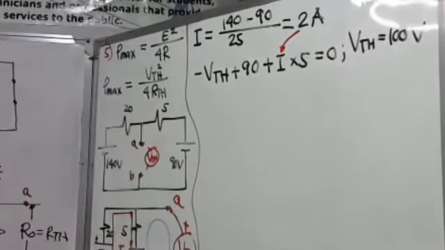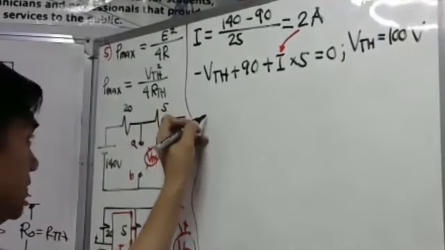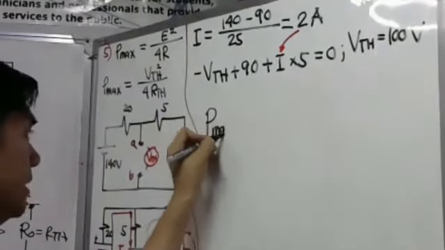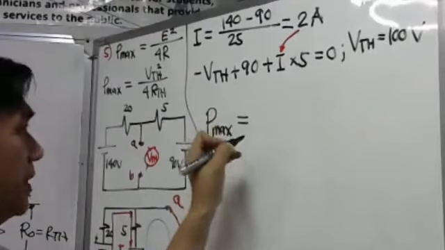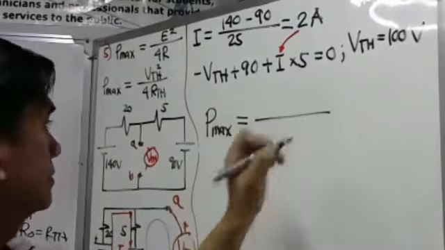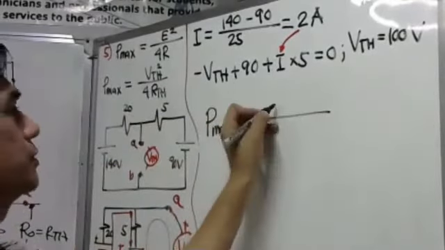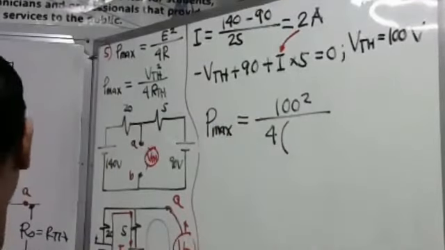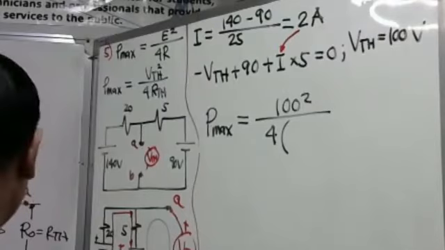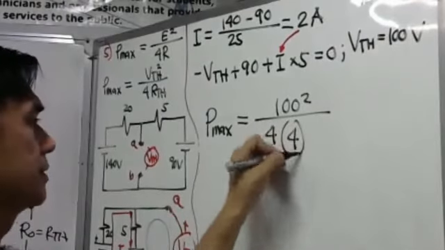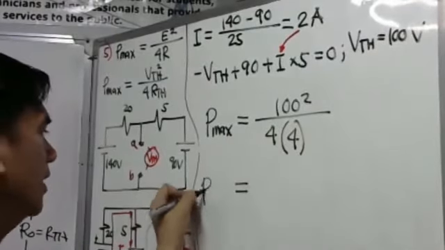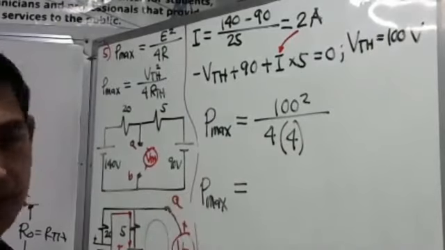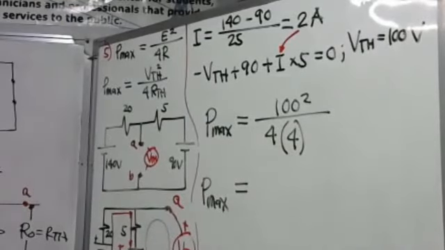So, we can now substitute. Our Pmax here will be equal to, what is our VTH? 100 squared over 4 times RTH, which is 4 ohms. So, what will be our maximum power transferred to the load?